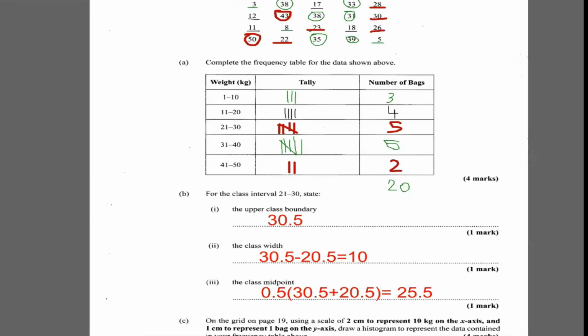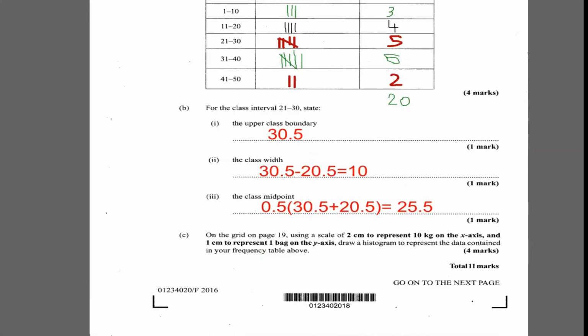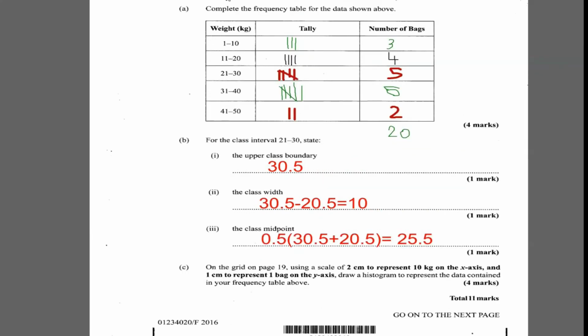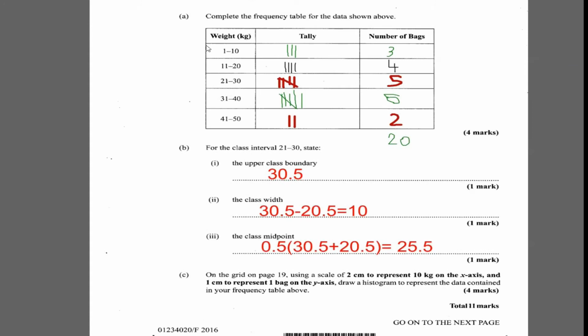My guess is they're going to ask some question with the class midpoint. And so my assumption is that we are going to need a table right here with the midpoints, because I'm guessing we're going to plot midpoint against frequency.